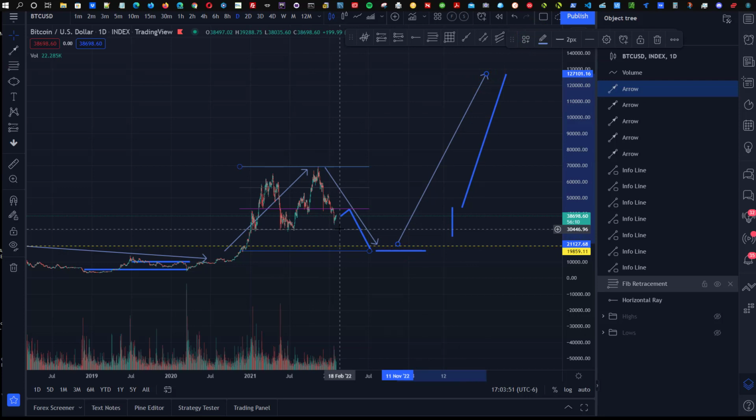Not many asset classes do that. So this is definitely an interesting, unique asset class, but I could see this happening.